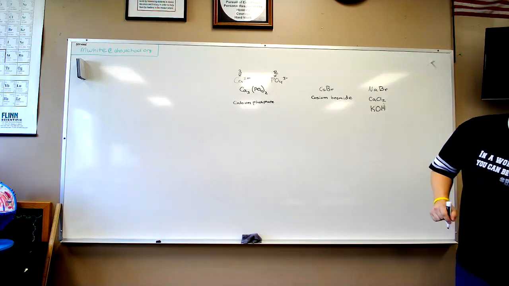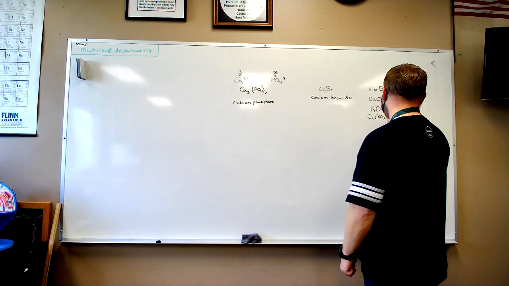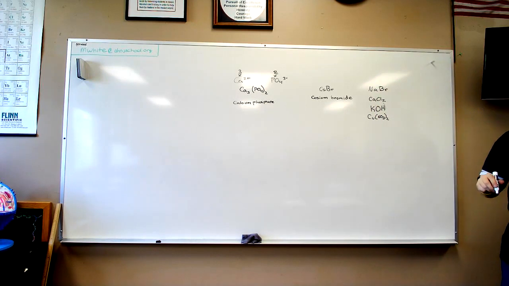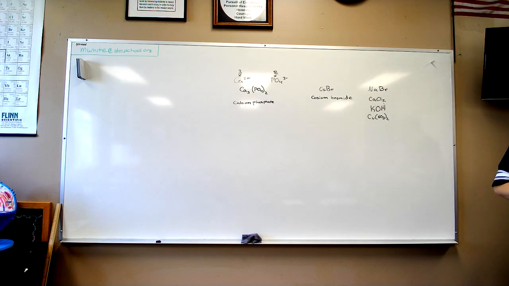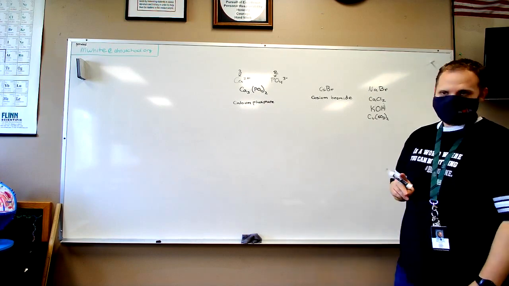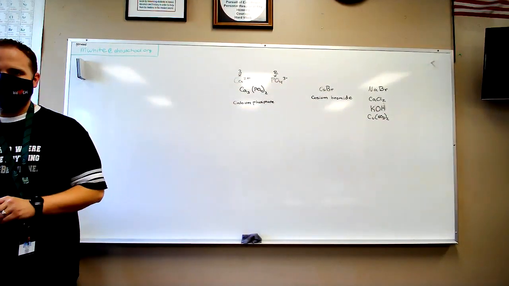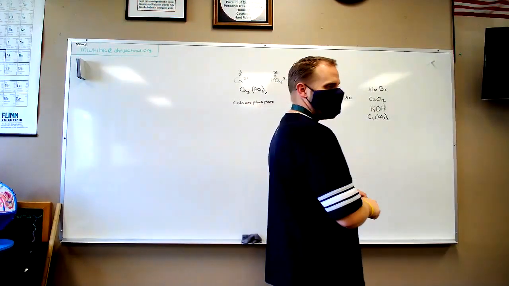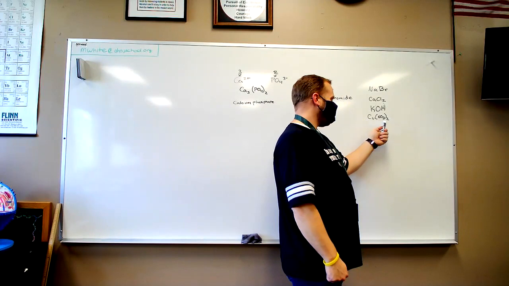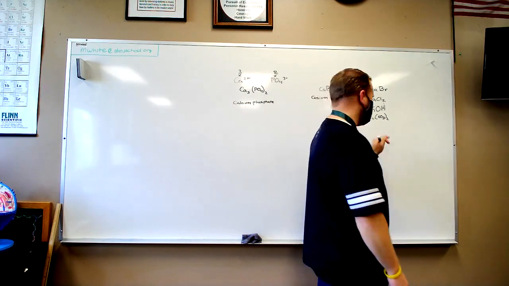Okay, let's look at what we have here. Copper nitrate. Okay, so Cu is copper. NO3 represents the nitrate ion, the copper nitrate.